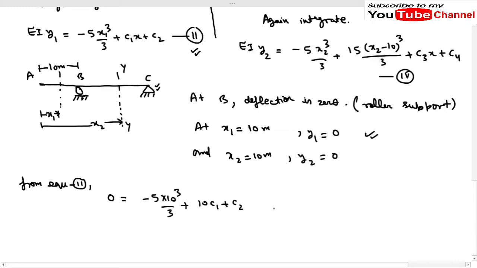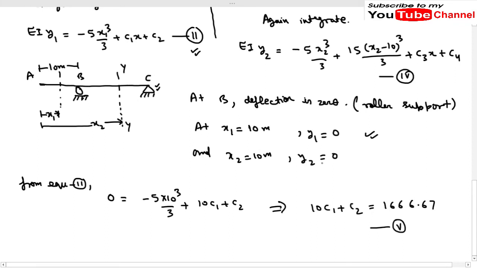So 10 C1 plus C2 is equal to 166.67. Let us name this equation number 5.